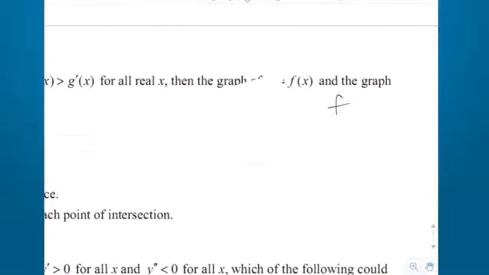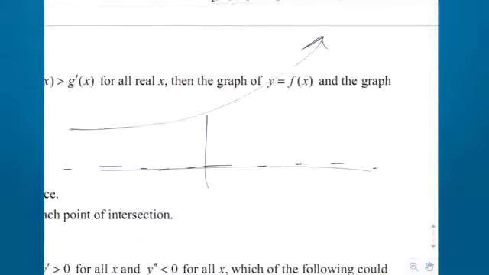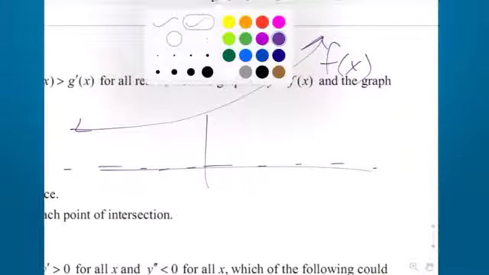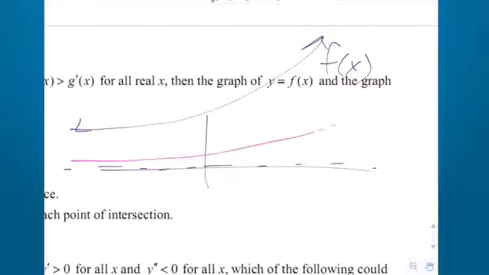So what if you drew this? What if you thought of something like an exponential function, and you had the one that grew rapidly starting above the one that grew more slowly? Will those ever intersect? Certainly going out to the right they won't, but they also will not intersect when you go out to the left, because they're both approaching 0.